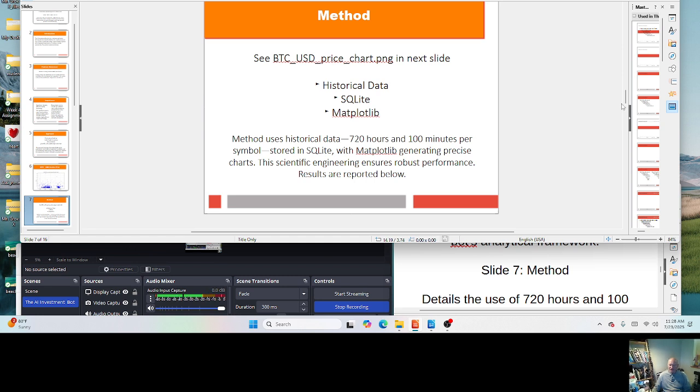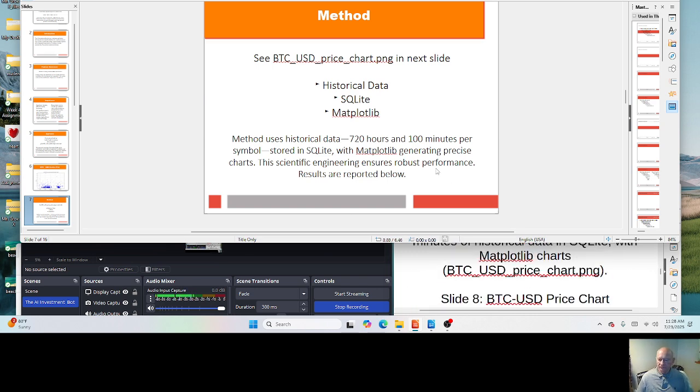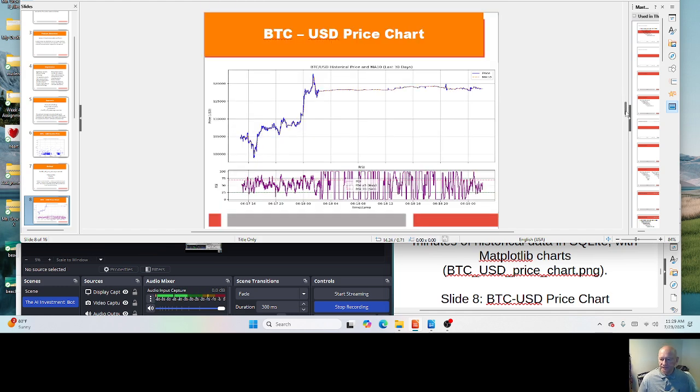This scientific engineering ensures robust performance, and the results are reported below. Here we see the BTC USD price chart, as well as the RSI chart, which can be very important in predicting when the market is turning in the dip and bounce strategy.